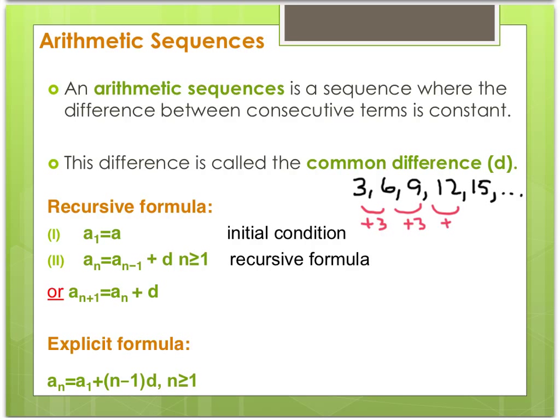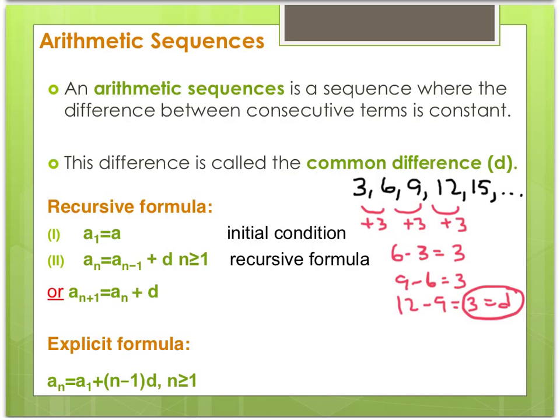So to get to the next term, I'm adding 3. But I can also say that I take a sub n plus 1 and subtract 3 to get to a sub n. So the common difference between the terms would still be 3. So d would be 3 for that particular sequence.